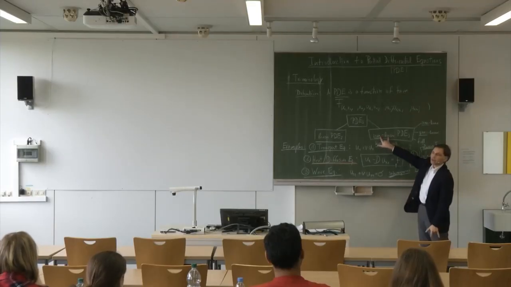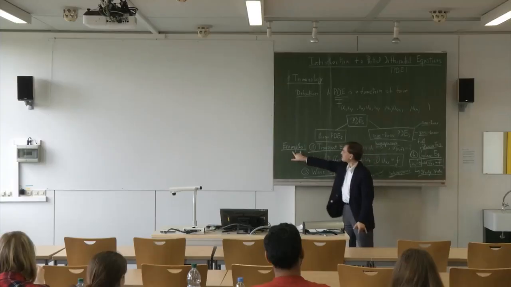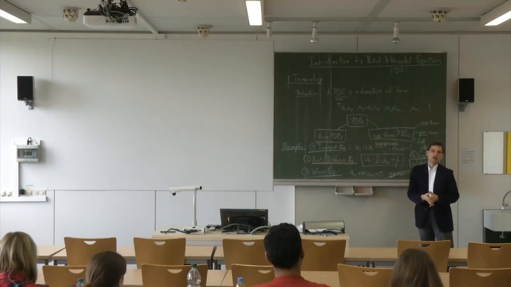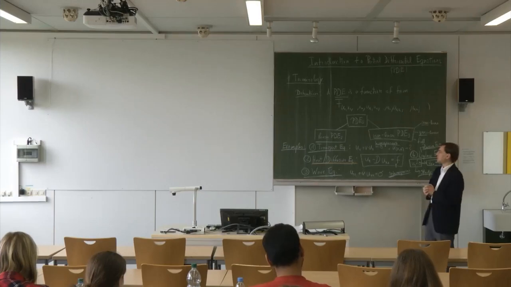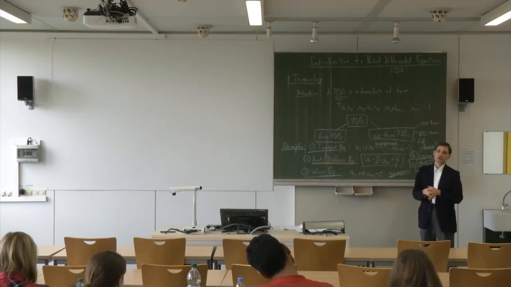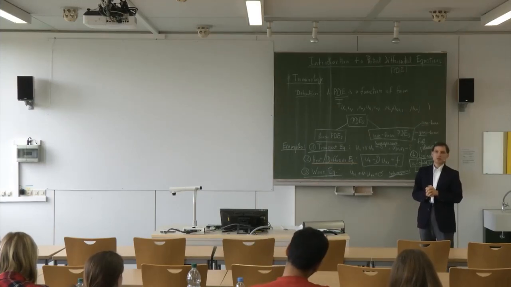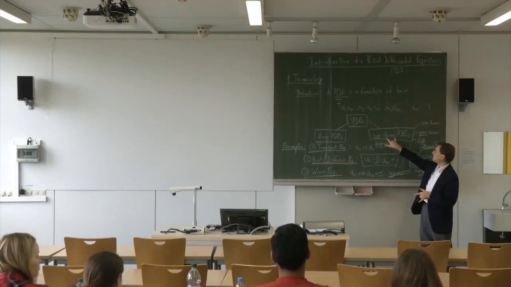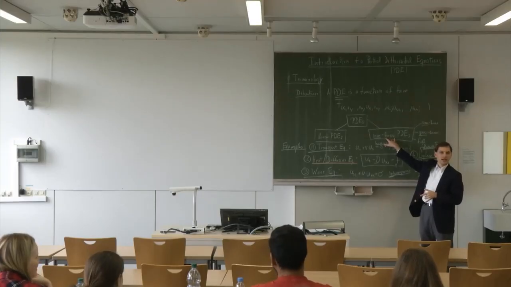A final word on nonlinear equations. I have talked about examples. Can I give you just some examples of nonlinear partial differential equations? For instance, Schrödinger's equation, which models behavior in quantum physics. Or Maxwell's equation is also a nonlinear PDE. It's modeling electrodynamics.